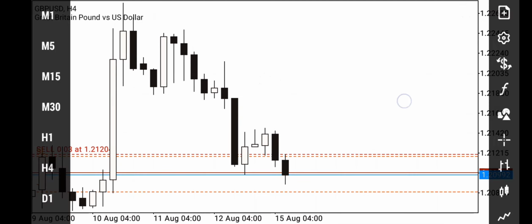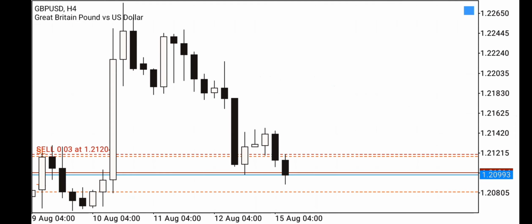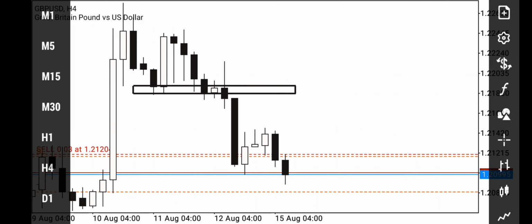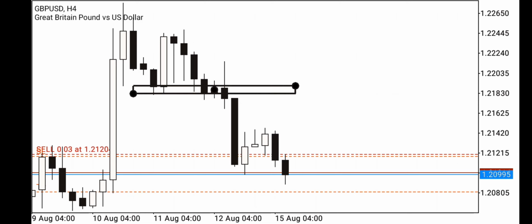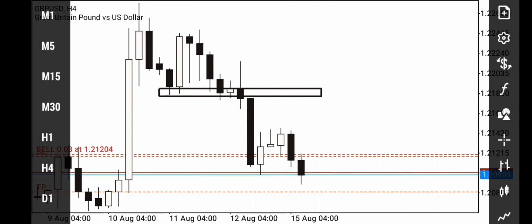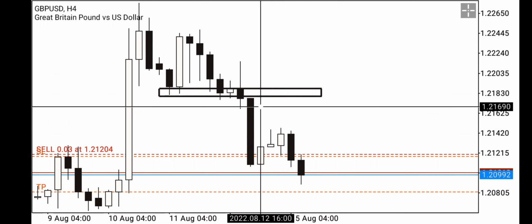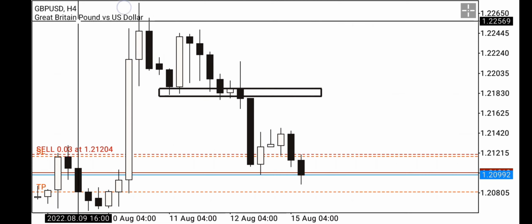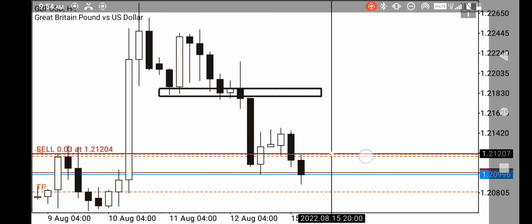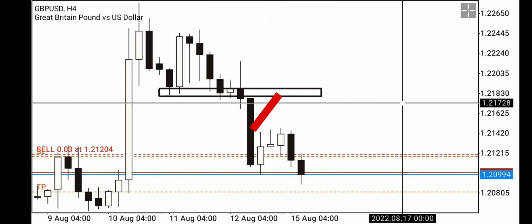Let me put a box there so you guys can see. It violated these previous levels here. So what I was expecting to see is definitely coming down. Yeah, in a macroscope, because my 4 hours is where I check my trend. This is my overview, my bird's eye.